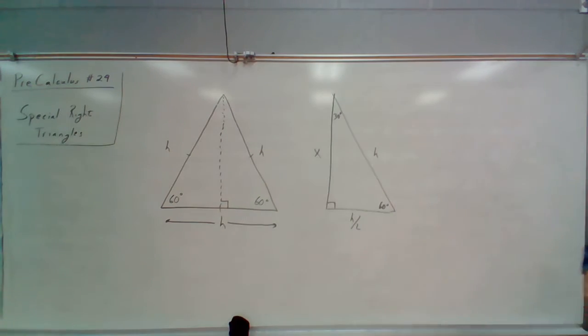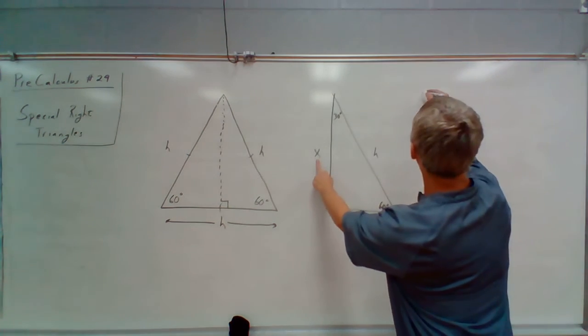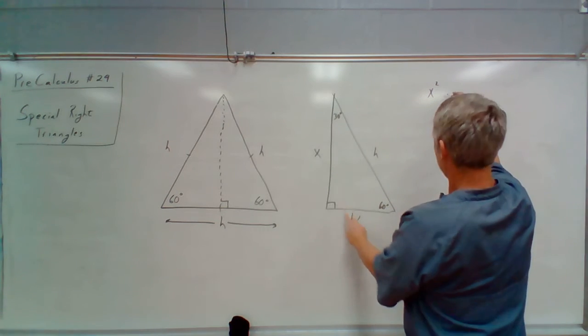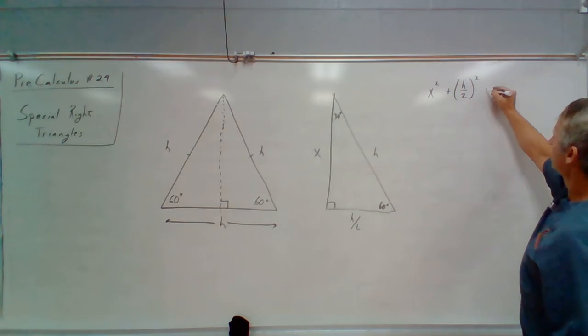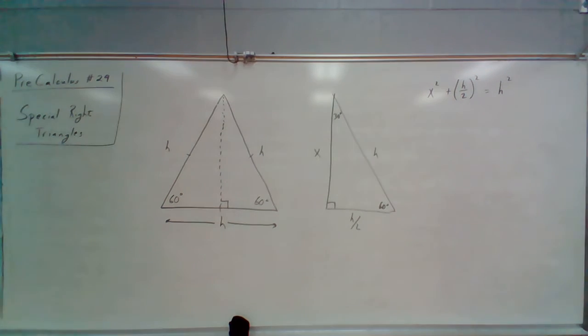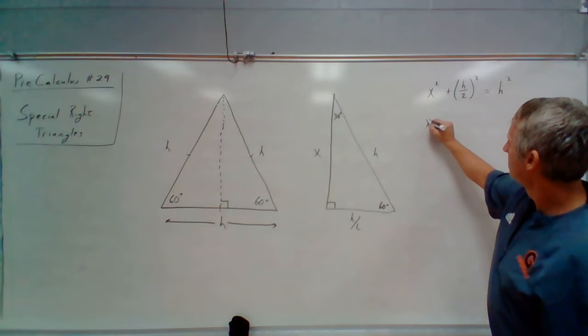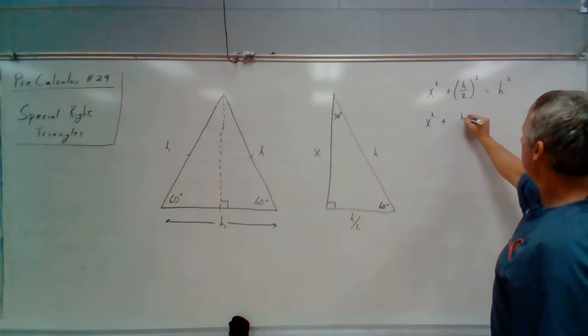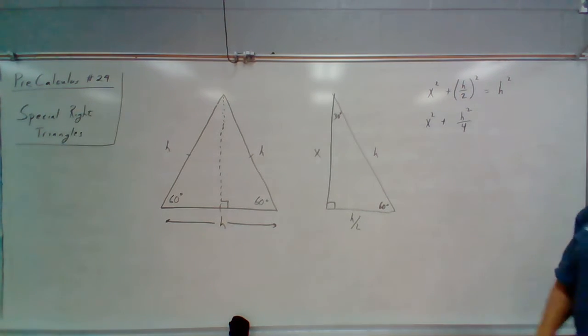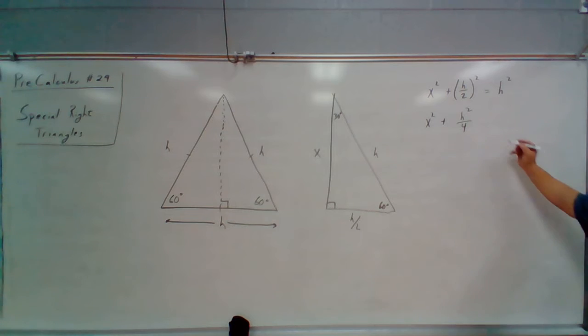So let's do that. What famous theorem relates the three sides of a right triangle? That would be the Pythagorean theorem, which in this case says that x squared plus (h over 2) squared equals h squared. All right, let's simplify. X squared plus, if I square h over 2, I'll get h squared over 4 equals h squared.